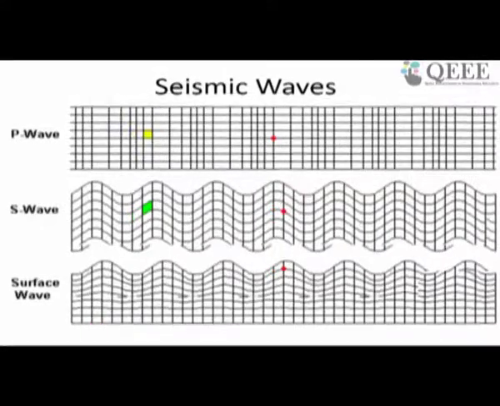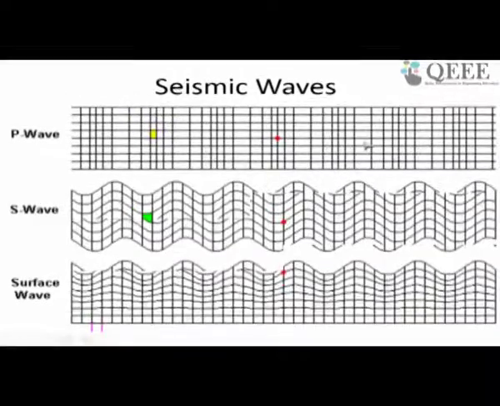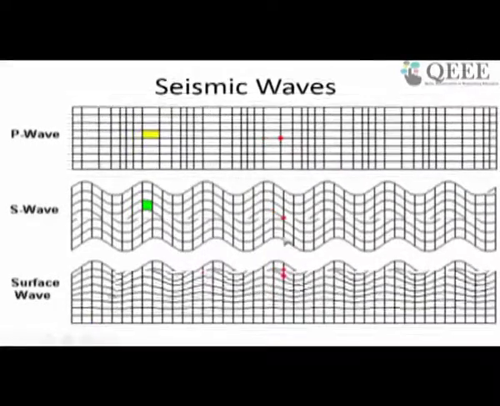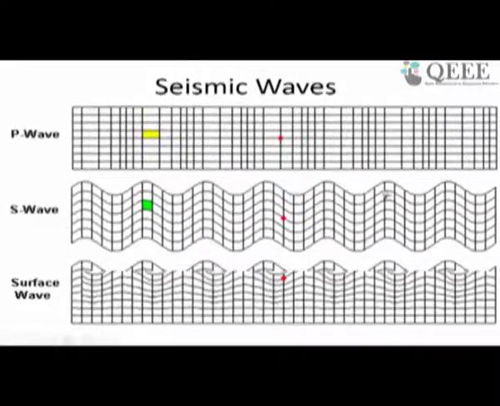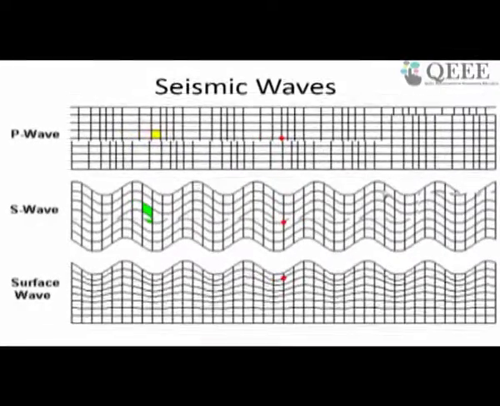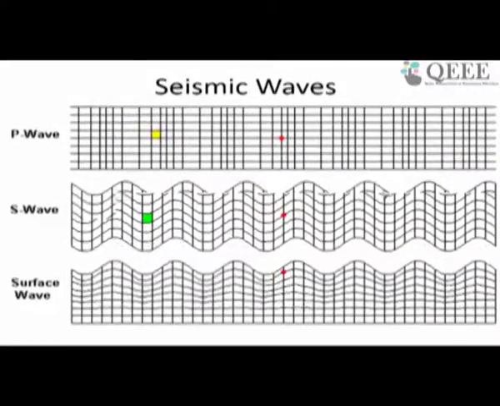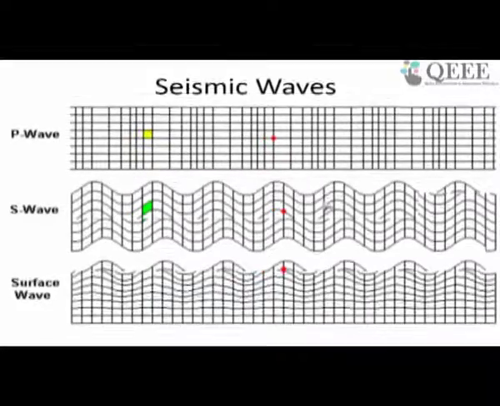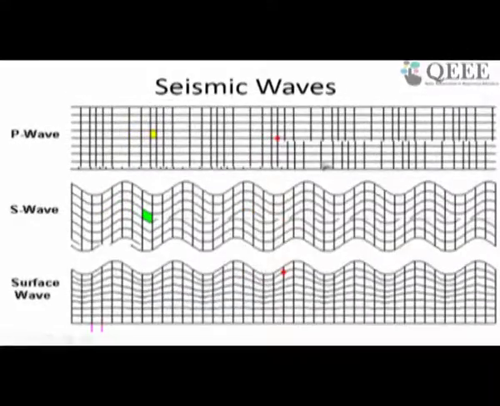So the particle movement is, as you can see here, along the wave direction. In this case, it is perpendicular to the wave direction. Because of this characteristic the travel time also changes, and the P wave reaches faster than the S wave.